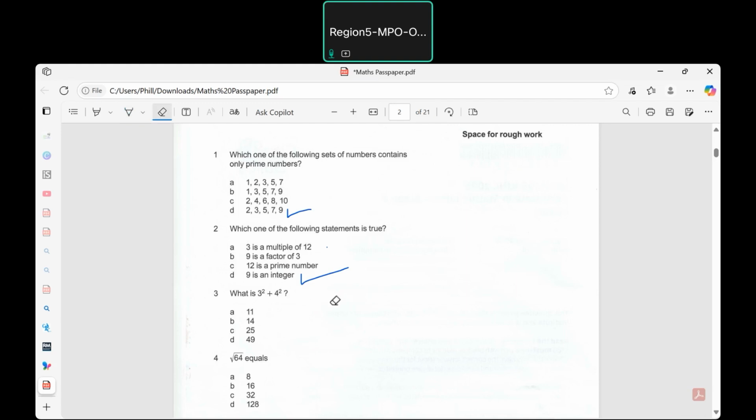All right, so let's just erase this here. So this really should be, let's put it in brackets, 3 times 3, and close the bracket, plus, open bracket, 4 times 4, close bracket.